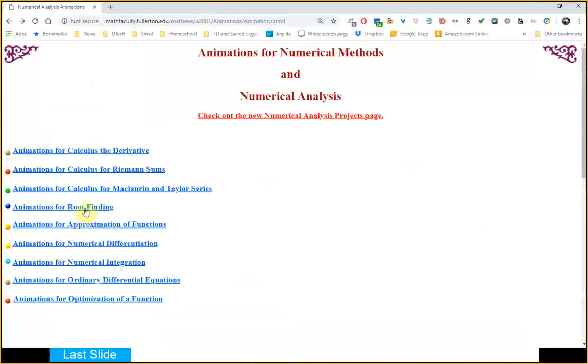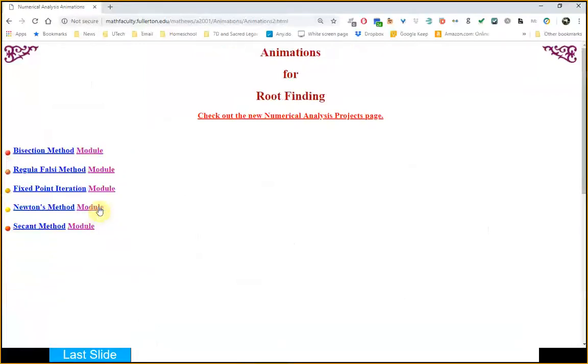Okay, so we're going to do animations for root finding. You realize again the term used here is root finding. It's not really root finding, it's iterating to solve for a function, because you'll see among these animations that fixed point is here.